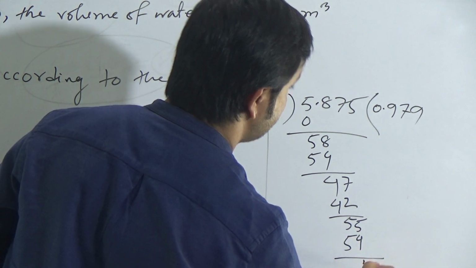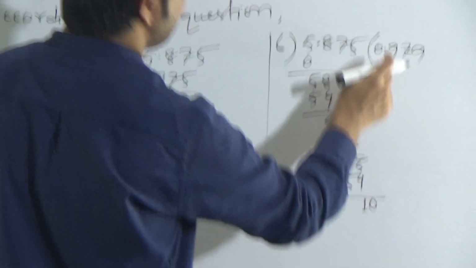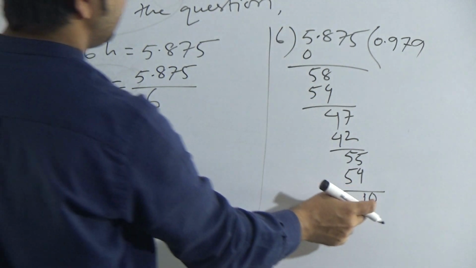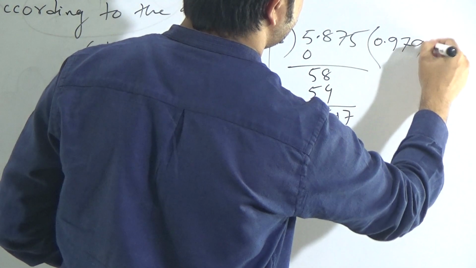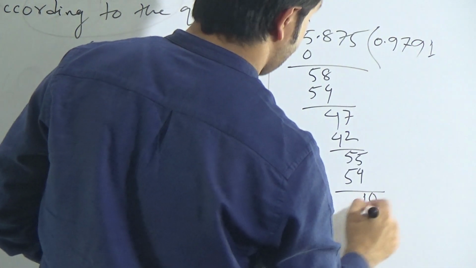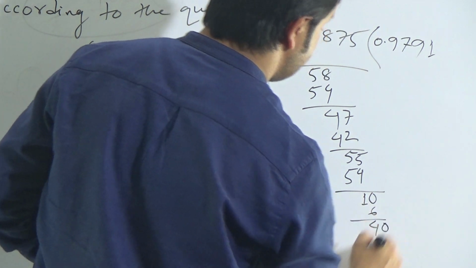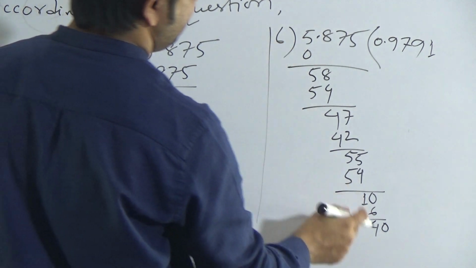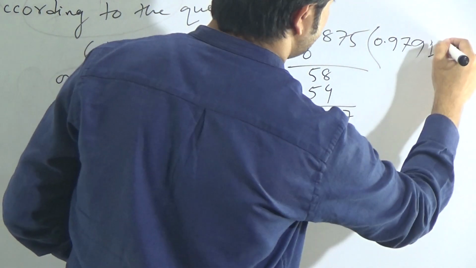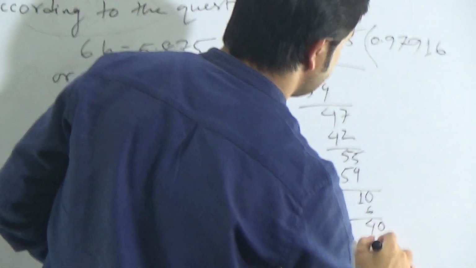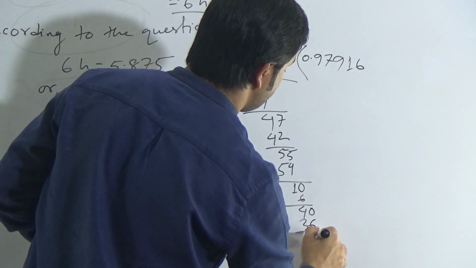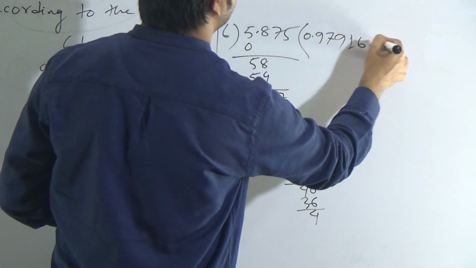Now 1 left, take 0, as the decimal is taken we can consider 0 here. Now take 1 time, this will be 6, 4 left, consider 0 again. Now 6 sixes are 36, 4 left. In this way this division will continue.